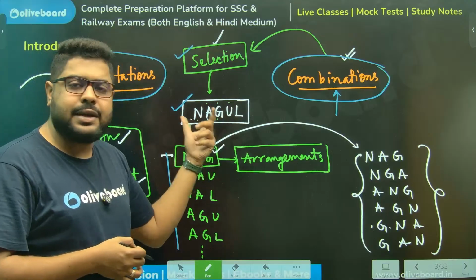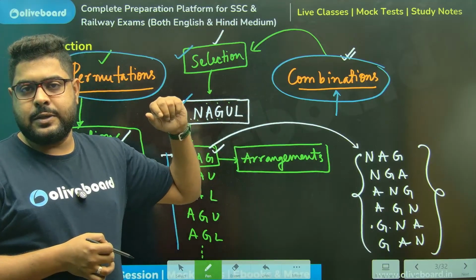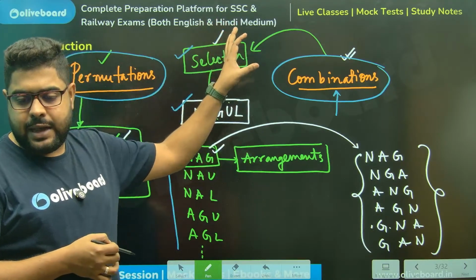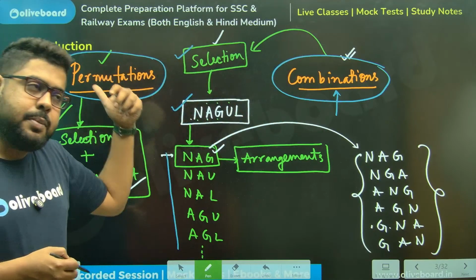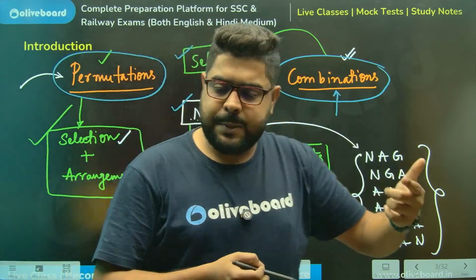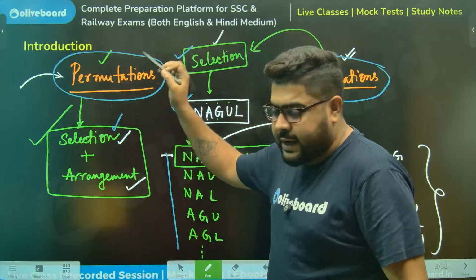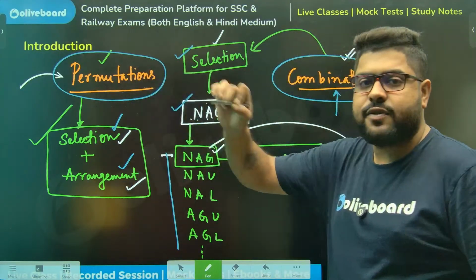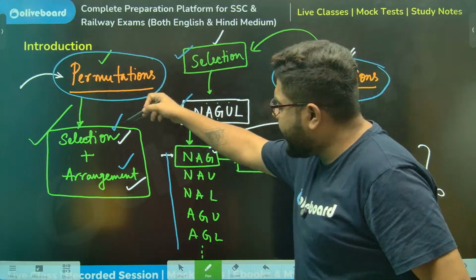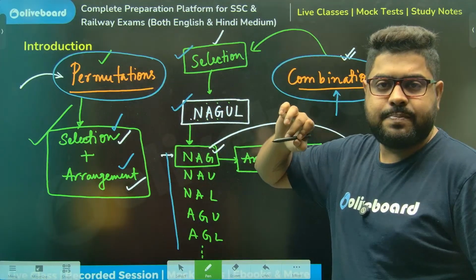So when selection is required, I will use combination. Then what is permutation? It will also select, but it will do something extra. It will also arrange for you. Selection as well as arrangement, sir.